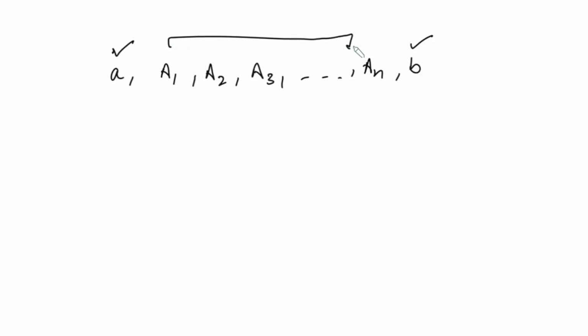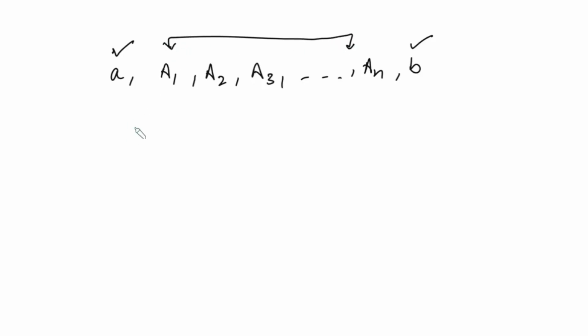Going back to inserting n arithmetic means between A and B. So we have A, arithmetic mean 1, which is A1, then A2, A3, and so on up to AN, and the last term, which is B. Now here we see that there were two terms A and B, and then we inserted n terms in between them.